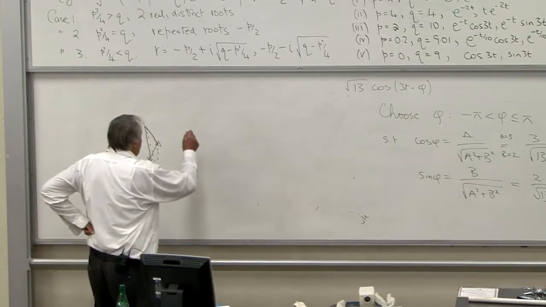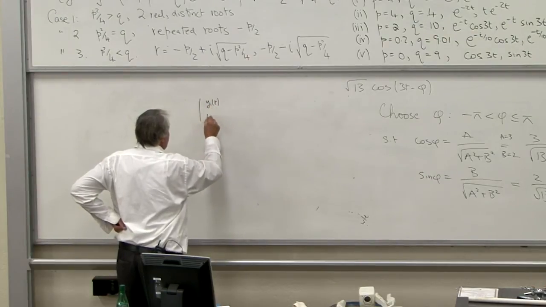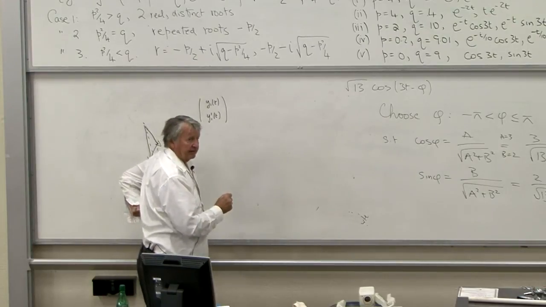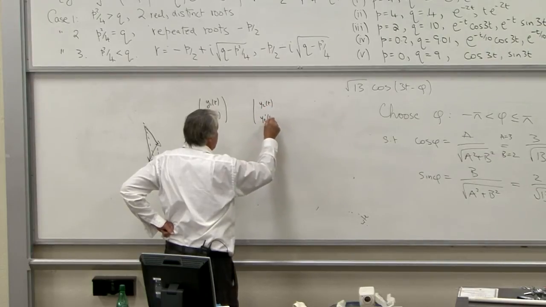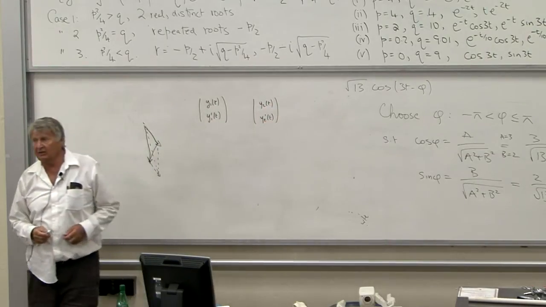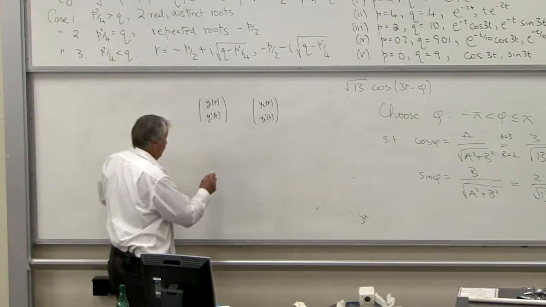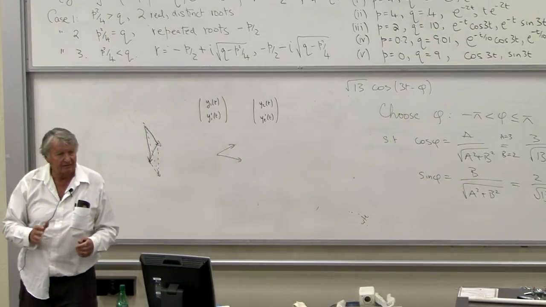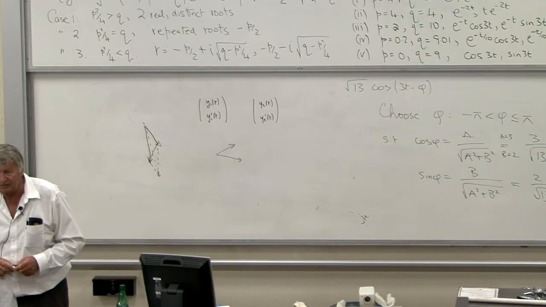So roughly speaking, if one of my solutions is y1 of t and its derivative, that vector, and the other one is y2 of t and y2 prime of t. At any particular time, those 2 vectors are sort of the bases. Now, if I give you 2 vectors, the area of the triangle that they subtend is proportional to what?